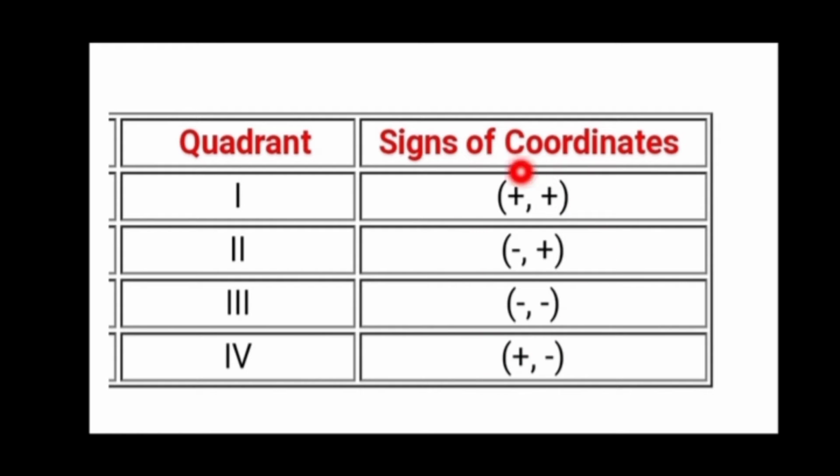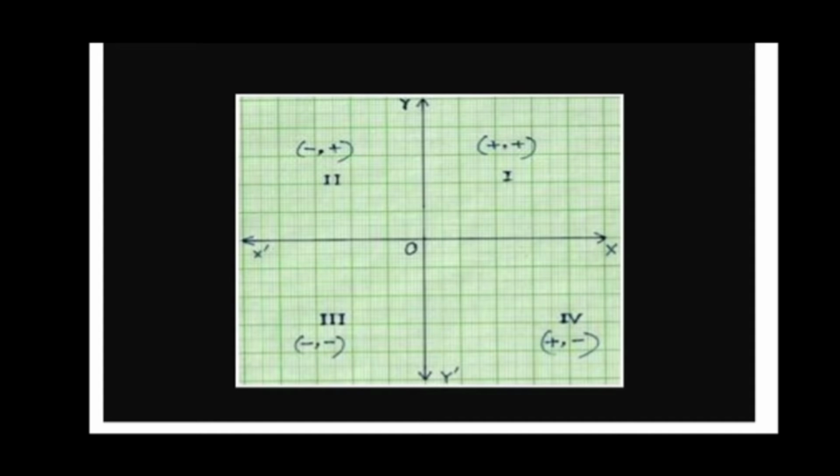You have to remember this, or you can use the symbolic figure which I told you in the last video. So this is the symbolic figure: first quadrant plus plus, second quadrant minus plus, third quadrant minus minus, fourth quadrant plus minus.